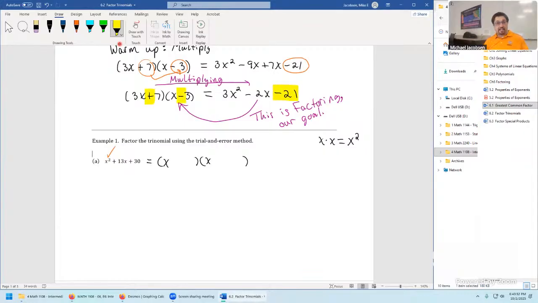That's the only way you're ever going to get that negative 21 when you FOIL out this answer. So this one's different. The 30 there is positive this time. If you get a positive here and a positive here, it implies immediately that the signs in the middle are both positive. So plus and plus.